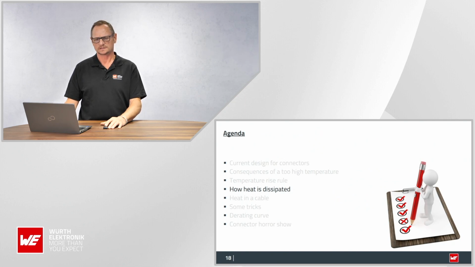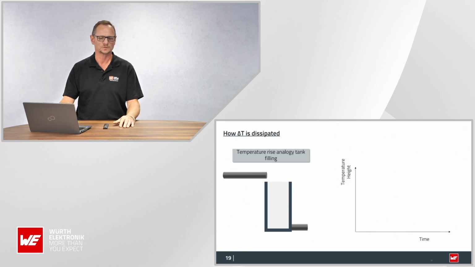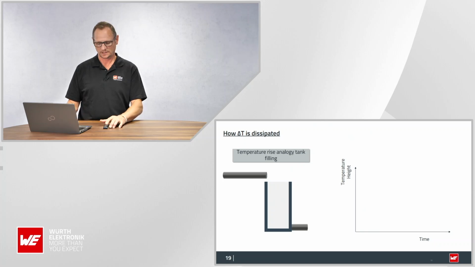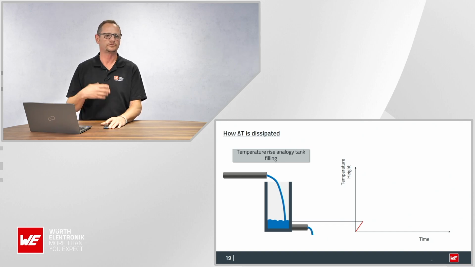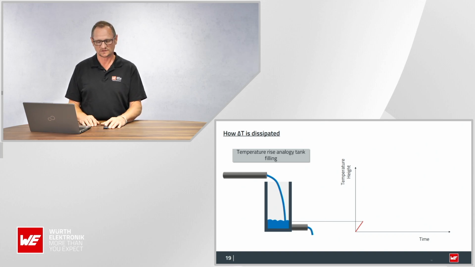So now we're going to look at how heat evolves, and we can compare this with a sort of tank filling. What we see here in blue is not water, it symbolizes the amount of heat, the amount of energy flowing into maybe a connector. It's flowing in, and on the bottom side it's flowing out as well. And maybe the valve on the bottom is not as big as the incoming amount of heat.